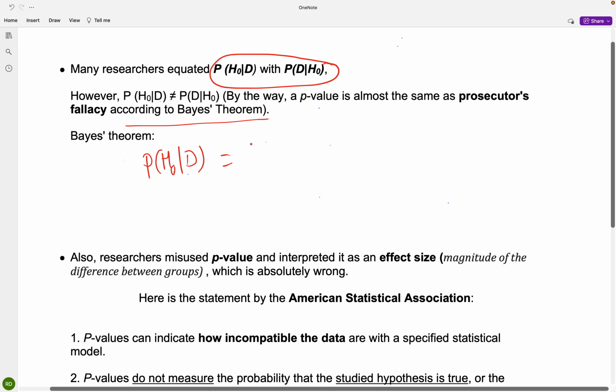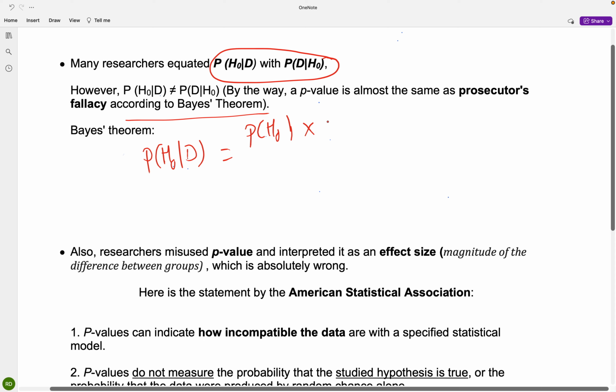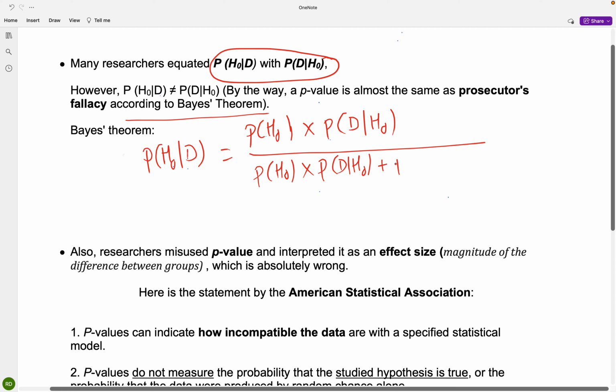And the formula is this: the prior probability of the null hypothesis being true, so the credence of your null hypothesis, times the likelihood of getting the data assuming your null hypothesis is true, divided by the total likelihood of getting the data under both hypotheses, the null hypothesis and the alternative hypothesis: the probability of the alternative hypothesis times the likelihood of getting the data under the alternative hypothesis.